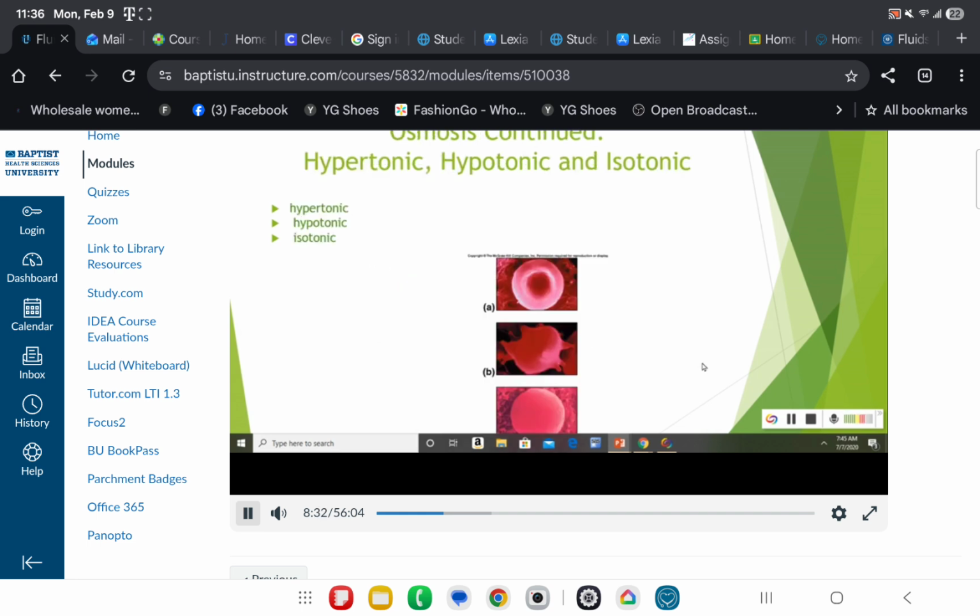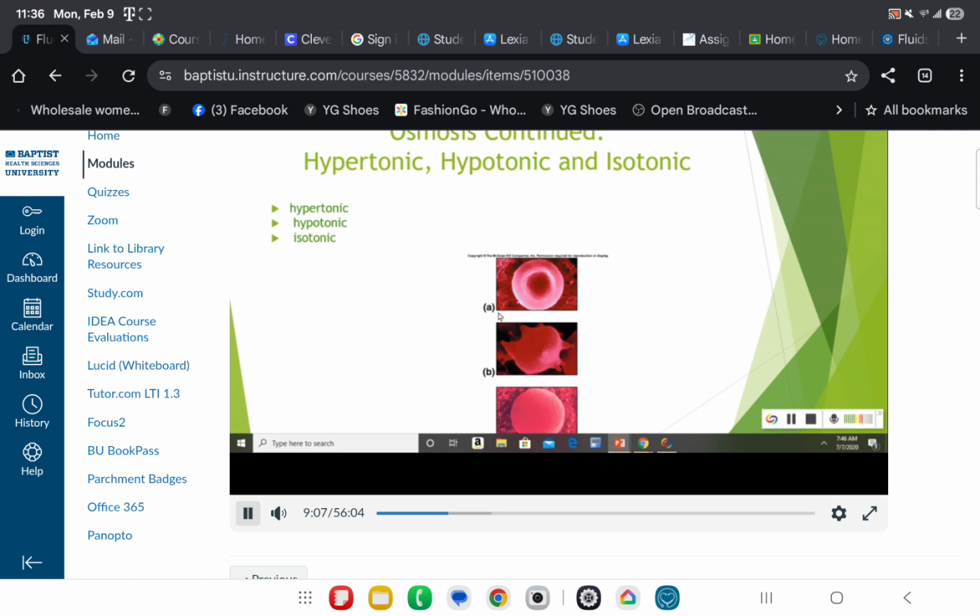And talking about water, we got to talk about our three environments where you will find water: hypertonic, hypotonic, and isotonic. So let's discuss these. Let's start with your isotonic environment. Cells always want to be in an isotonic environment because this is where you won't have any movement of water. So your cells always want to have this balance.